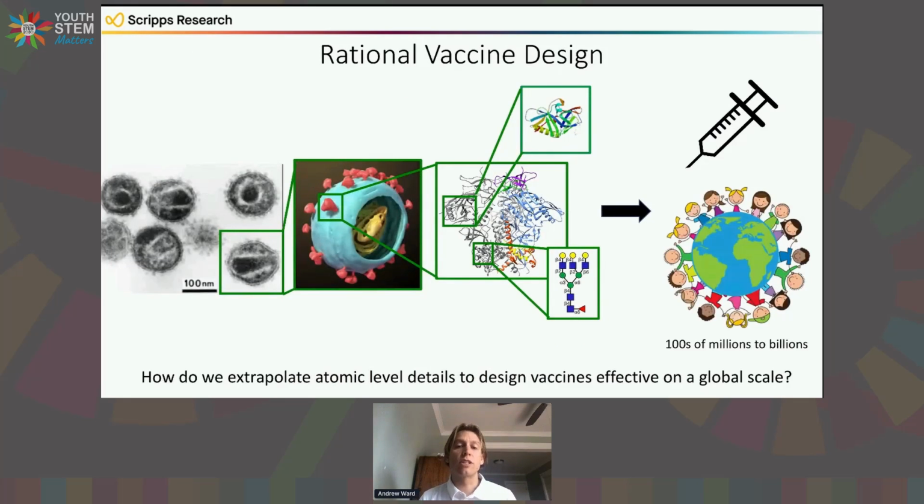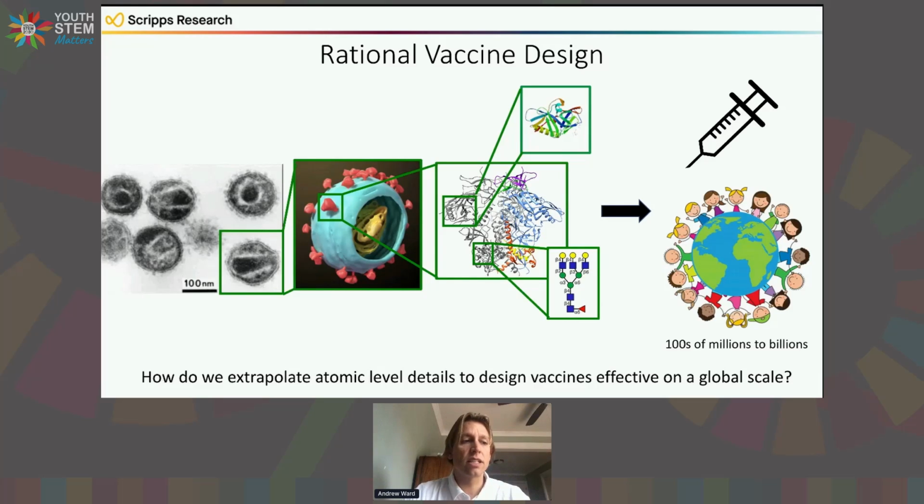For a lot of pathogens such as HIV, influenza, coronaviruses even, we can't just heat up the virus and kill it. For flu vaccines, we do that, but the efficacy isn't quite great, and there are a lot of problems.